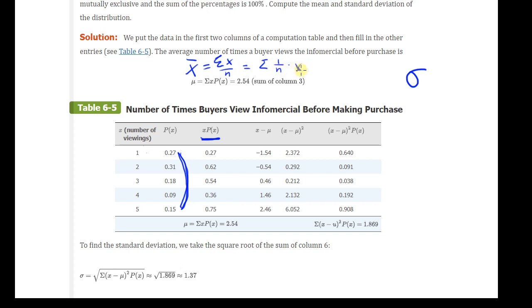So if I had 6 observations, I multiplied every observation by 1 over 6 times x, and then sum them all up. That's the same thing as summing and then doing the division. So every observation has the same weight. The weight is just 1 over the sample size.